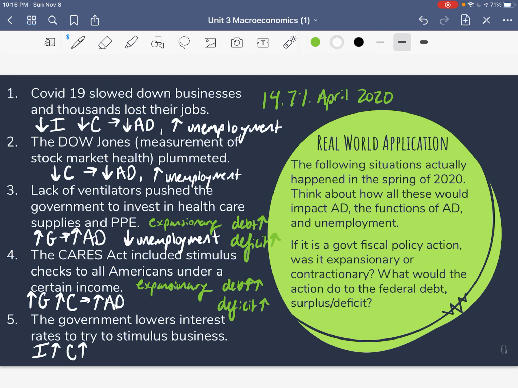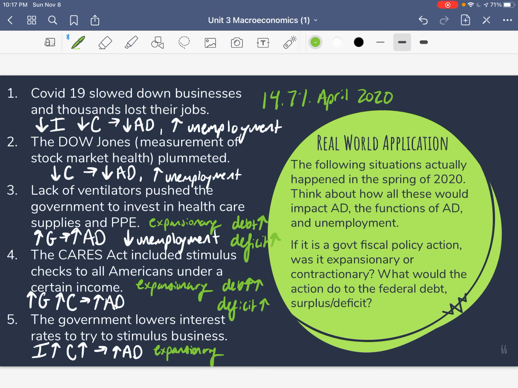I'll buy a house, I'll buy a car, I'll take out a loan because interest rates were so fantastic. So both of those things lead to an increase in AD. And if the government's purposefully trying to increase AD, it is expansionary fiscal policy.